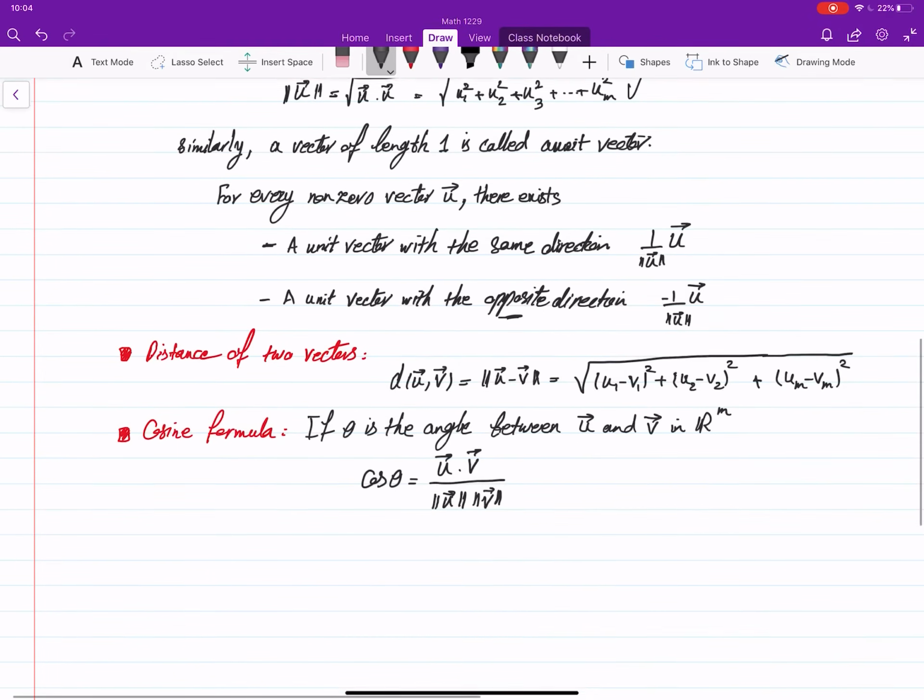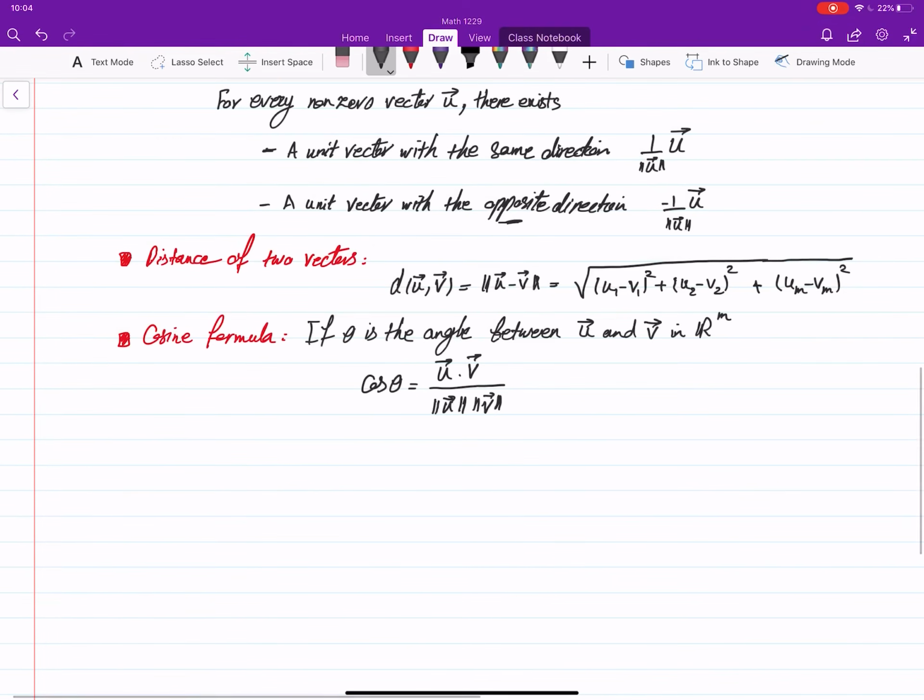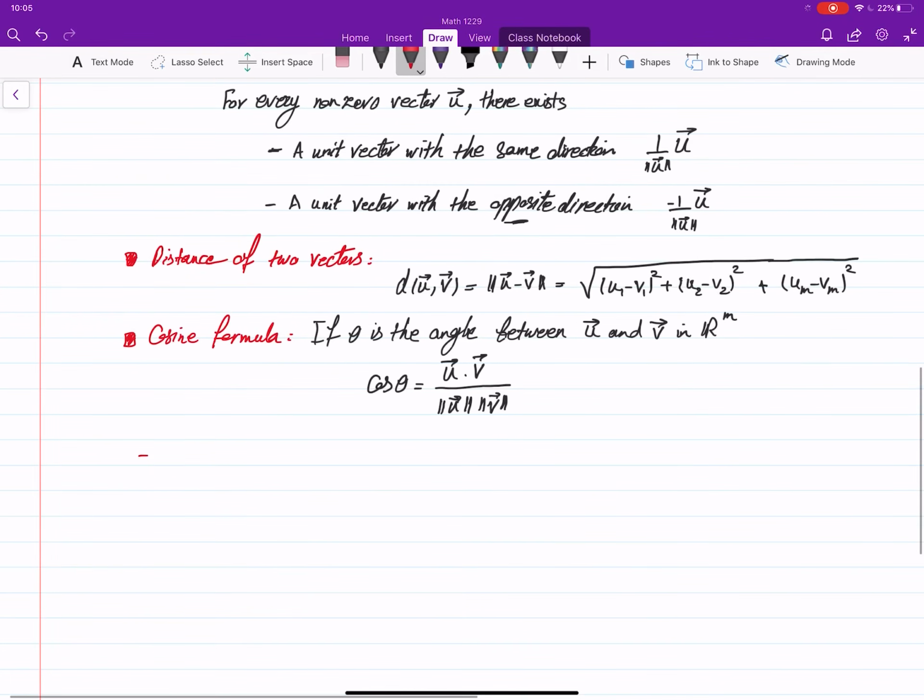And one more thing that we had before was the orthogonality test. Orthogonality test still works here.